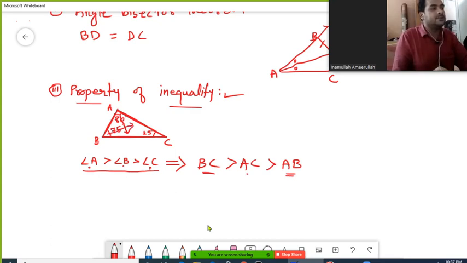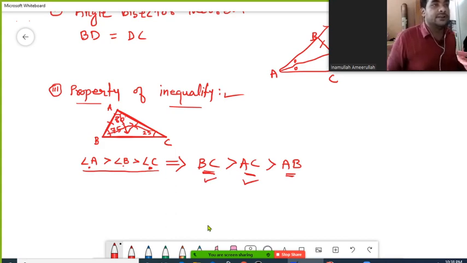The smallest angle is angle C, and the opposite side of angle C is AB. So BC is the greatest side, AC is less than BC, and AB is less than BC as well as AC.